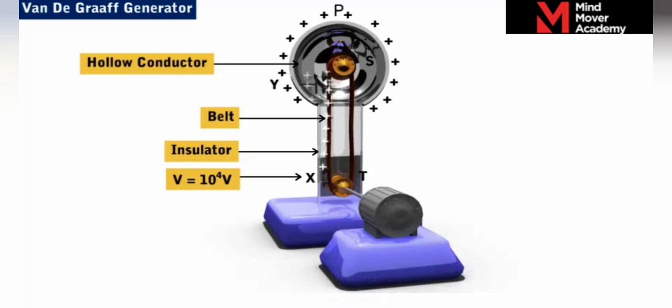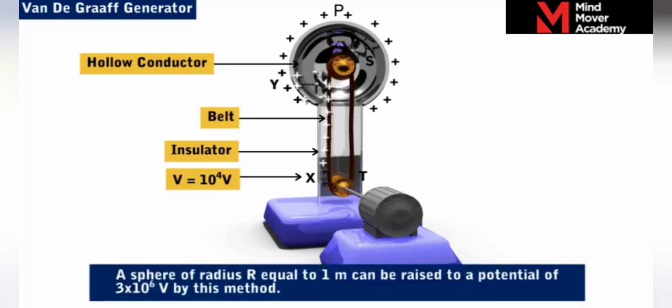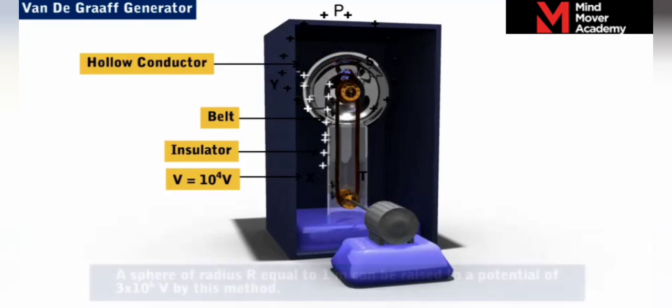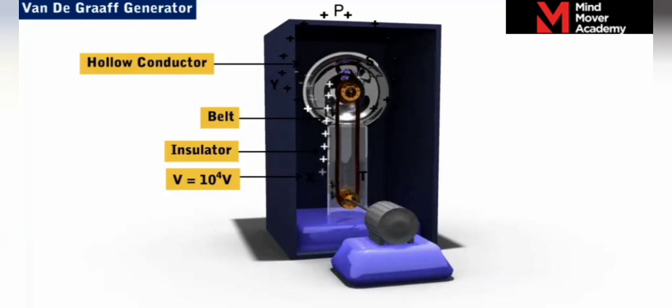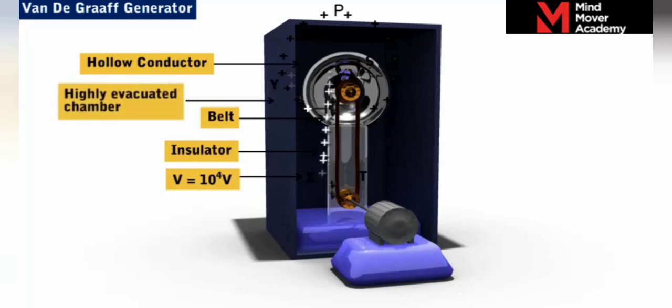When the electric field outside the sphere P is just sufficient for dielectric breakdown of the surrounding air, no more charge can be transferred to the sphere P. A sphere of radius r equal to 1 meter can be raised to a potential of 3 × 10 power 6 volt by this method. The potential can be further increased by placing the sphere in a highly evacuated chamber, in which case there will not be any air surrounding the sphere.